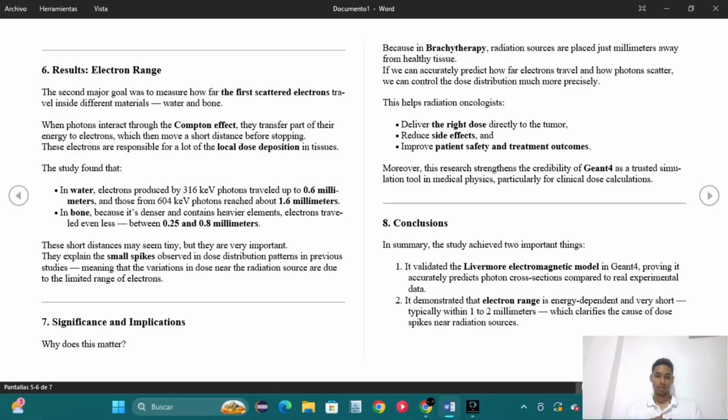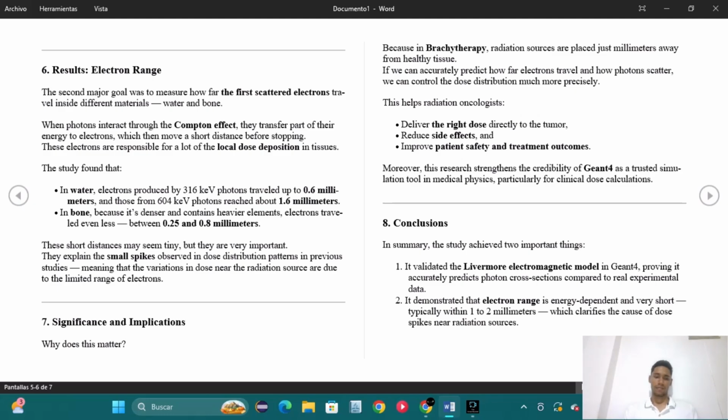In bone, because it contains other elements, electrons travel a different distance, and in lead, electrons travel about 0.5 to 0.8 millimeters. These short distances might seem small, but they are very important. They explain the small observed peaks in dose distribution patterns in previous studies, which are due to variations near the radiation source and the limited range of electrons.